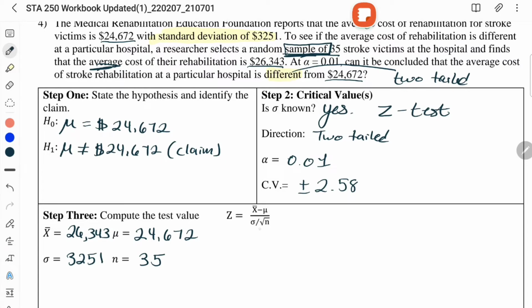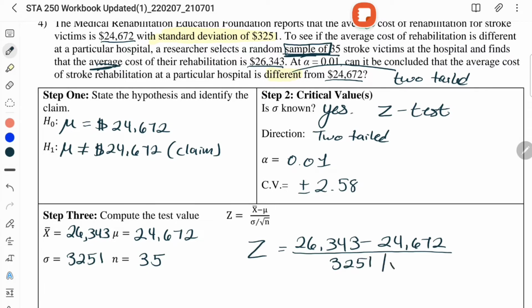Let's compute our test value. Z equals the sample mean, which is 26,343, minus the population mean, which is 24,672, divided by the standard deviation of our population, which is 3,251, divided by the square root of the sample size, the square root of 35.